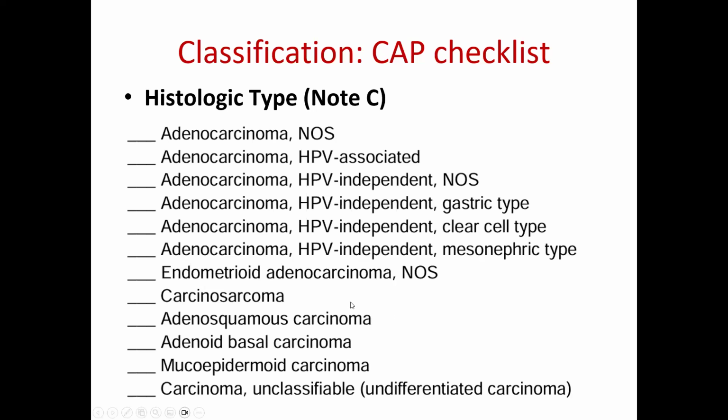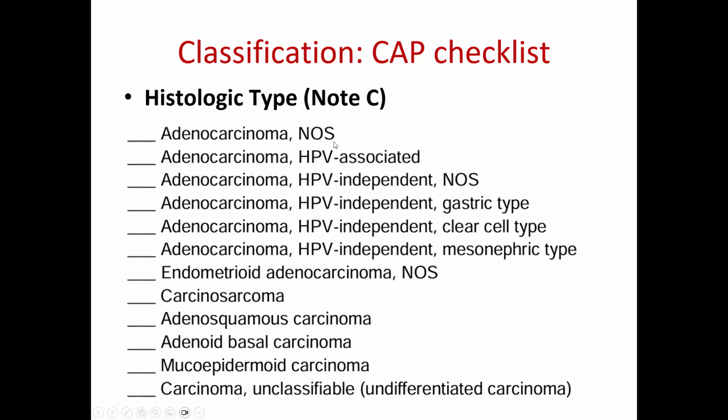So the classification of endocervical adenocarcinoma, as you see it in the CAP checklist: adenocarcinoma NOS, or adenocarcinoma HPV associated or HPV independent. The gastric type, the clear cell, the mesonephric, the serous carcinoma, and all that stuff. All of these entities are HPV independent.